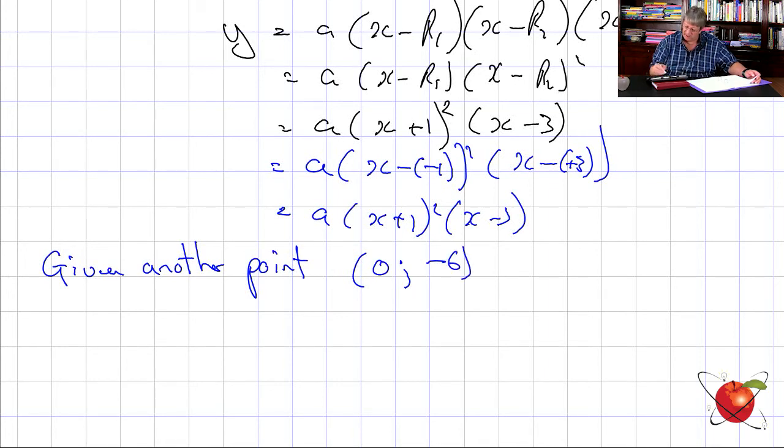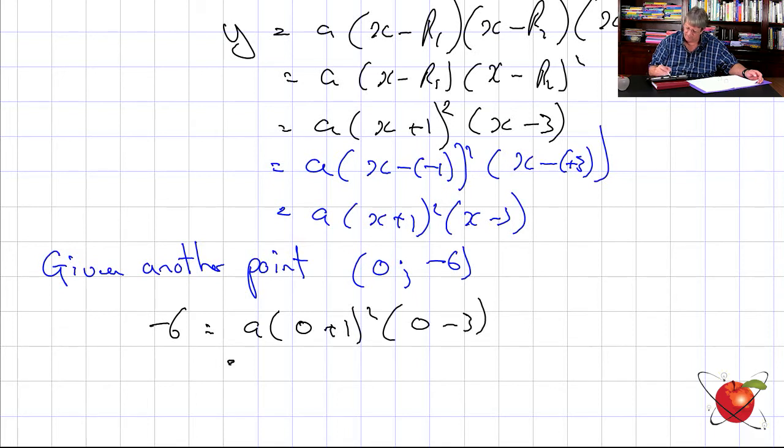Thus, we can go back and we can say minus 6 is equal to a times 0 plus 1 squared times 0 minus 3. We end up with minus 3a is equal to minus 6. Therefore, a is equal to 2.